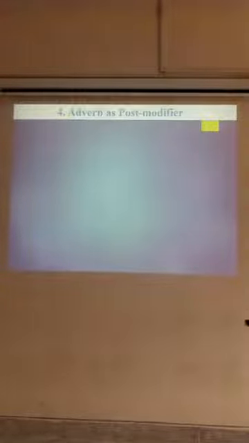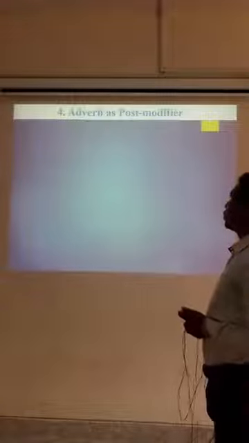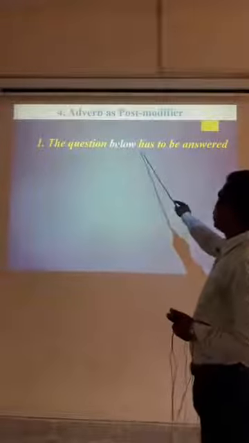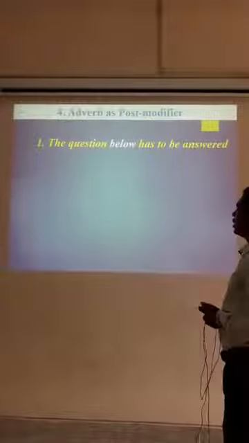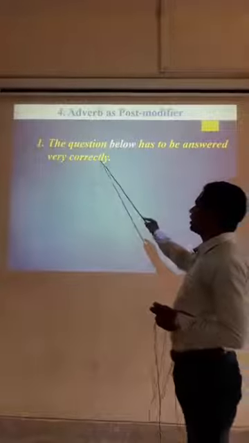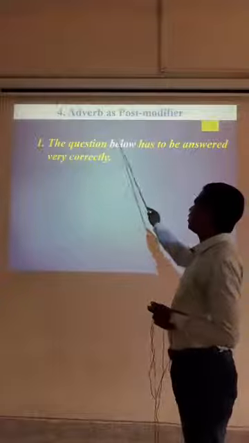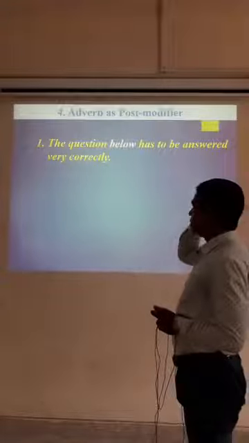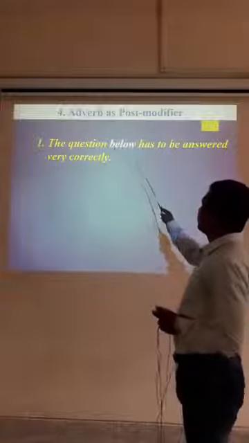Now number 4, we will see adverb as post modifier. Adverb number 1, the question below has to be answered very correctly. That means the condition of the question has been displayed by this word "below."